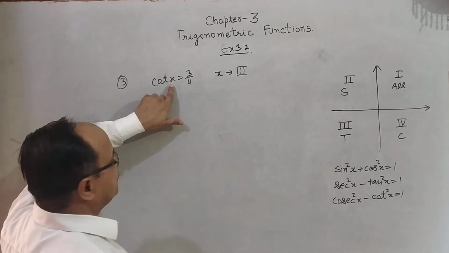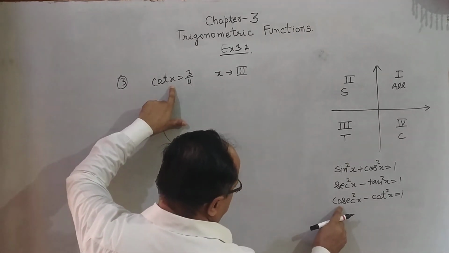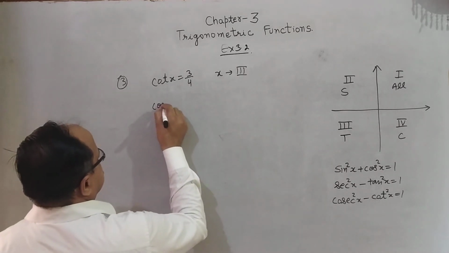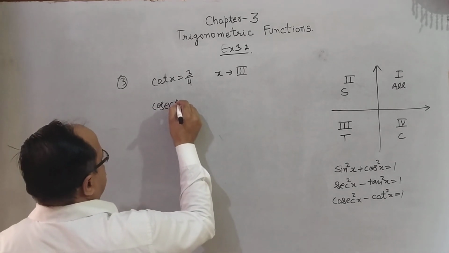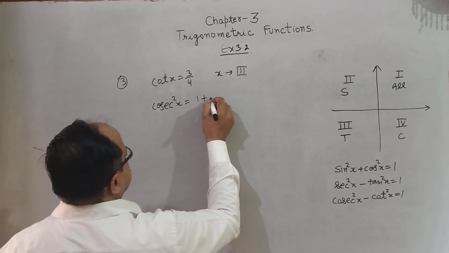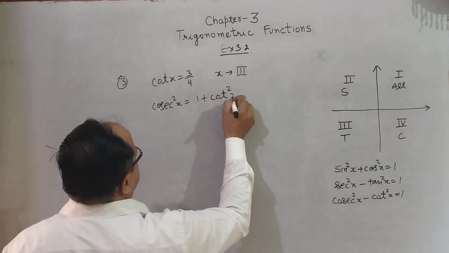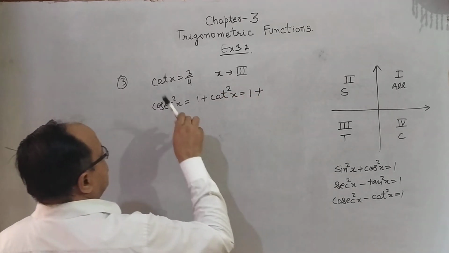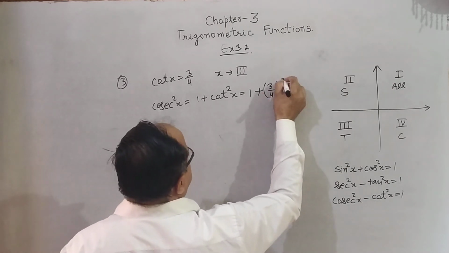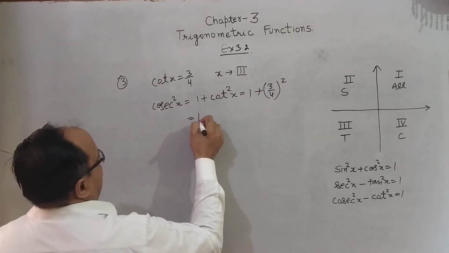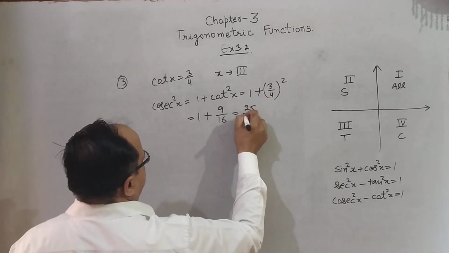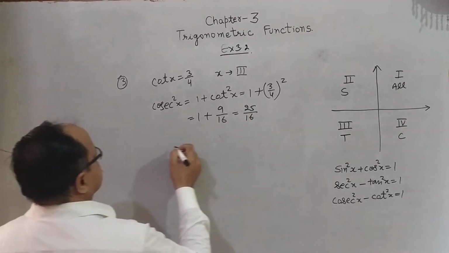So with the help of this formula, you can find out cosec. What is the value of cosec? Cosec square x is equal to 1 plus cot square x. Put the value of cot x, 3 by 4 whole square: 1 plus 9 by 16, that is 25 by 16.